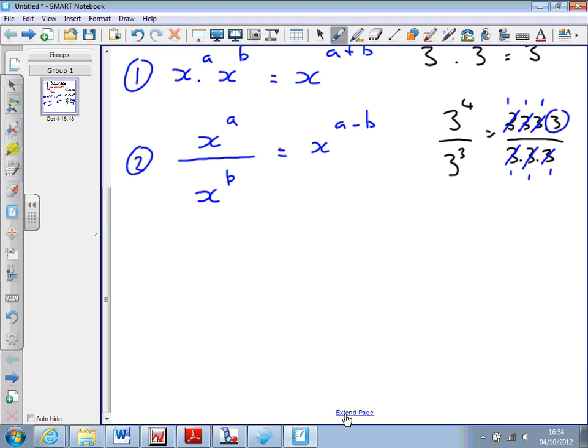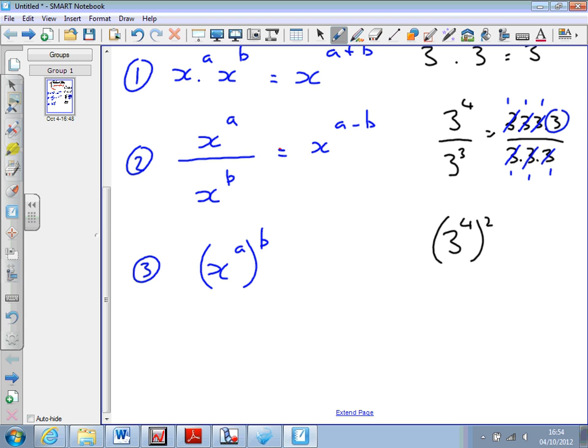Third law, if I've got something like x to the a raised to the power of something else, b, so this is the third law. I think there are 6 laws altogether we're going to look at. It turns out that they all are derived from the first 2, really. So, for example, 3 to the power 4 squared.